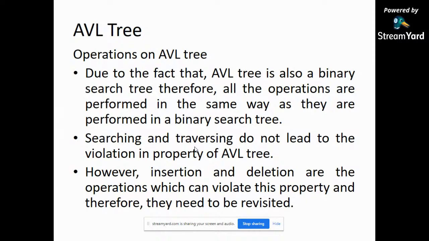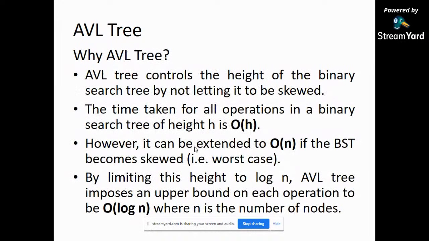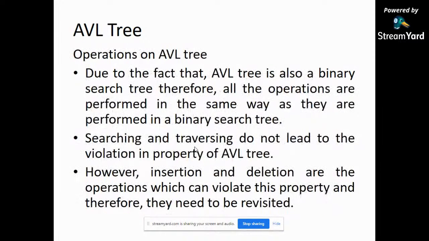So if we have inserted any node, and if it violates the property of AVL tree, then we have to make changes, or we have to balance the tree. So how is this balancing done?